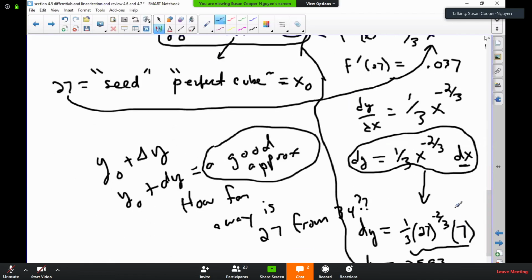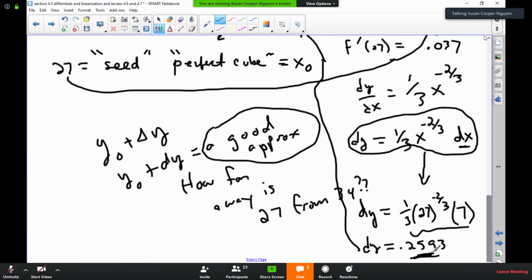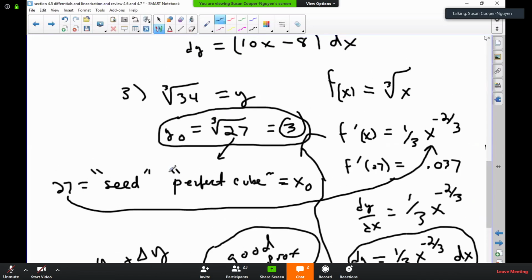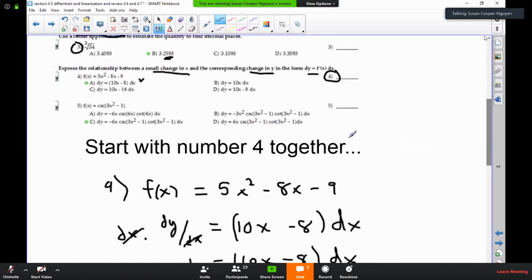So we plugged that in and we crunched all that out to get what's called your y differential. When you get your y differential, you tack that on to your y naught or your initial guess. So you say, well, the cube root of 27, I know that's 3. So if I tack that on, I'll get 3 point something. And gee, that 3 point something will be awfully close to the true value.